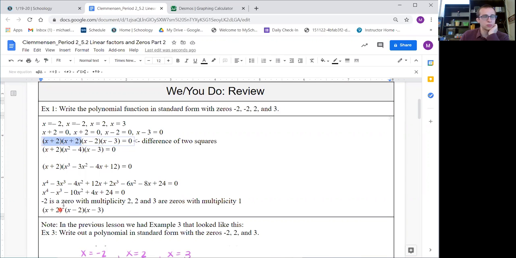Since I had two of them, I made it squared. That's all I did. I think it makes it look a little bit nicer and a little bit easier to understand. But whenever I have a squared like this, it means we have two of them. I have a single one, so I have one.